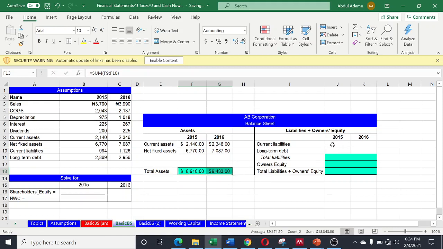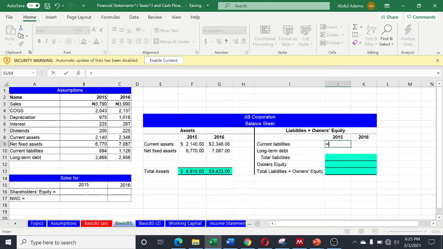You go to the total liability side. We have current liability for 2015. Current liability for 2015 is this. So equals, for cell referencing, long-term debt for 2016.